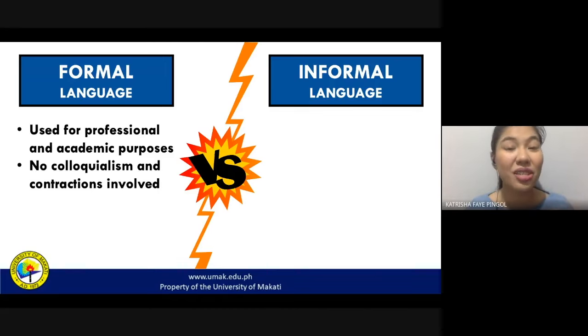And when we say contractions, these are simply words that we try to shorten by removing certain letters and replacing them with an apostrophe. For example, instead of saying cannot, you say can't.